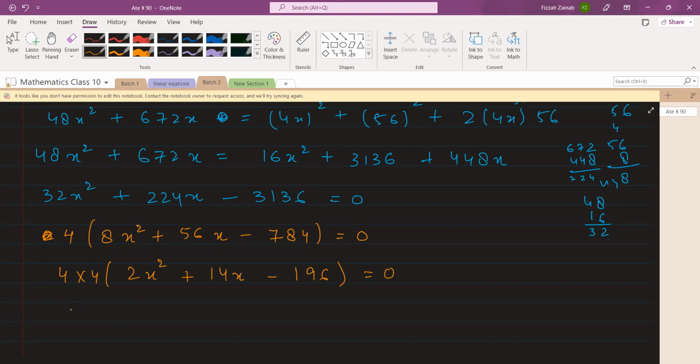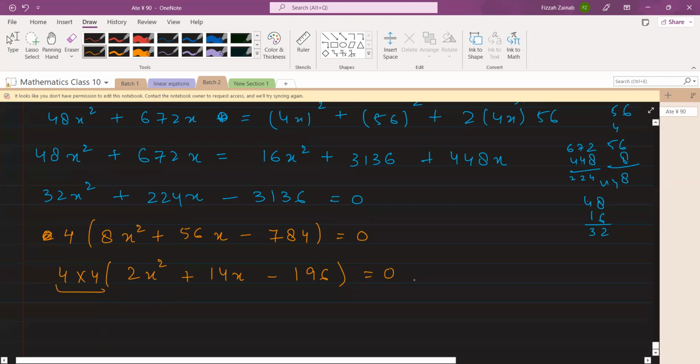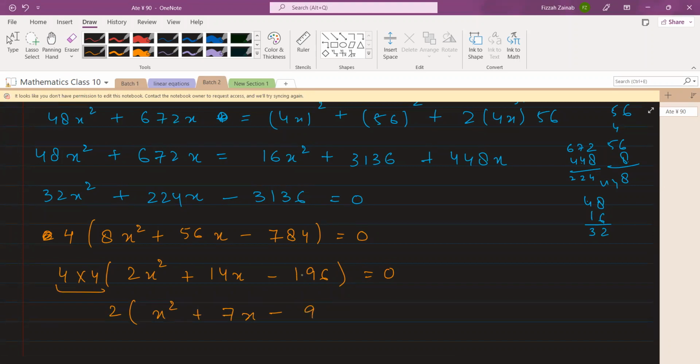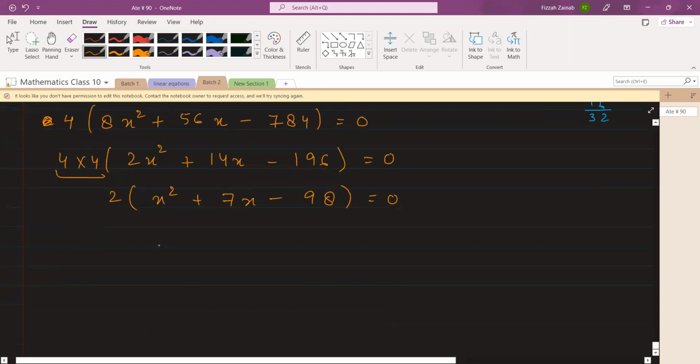So now I'm taking 2 common. So x square plus 7x minus 98 is equal to 0. Okay, so it has become quite simple now.